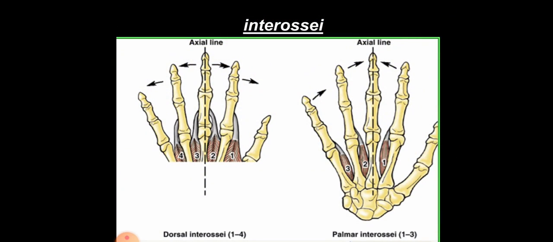The interossei muscle is divided into two groups, dorsal interossei and palmar interossei. The palmar interossei are unipennate and 3 in number, while the dorsal interossei are bipennate and 4 in number, numbering the interossei also from lateral to medial.